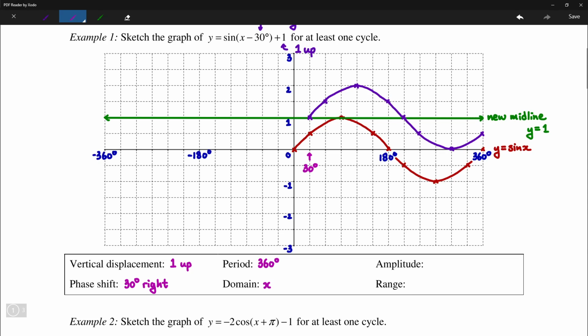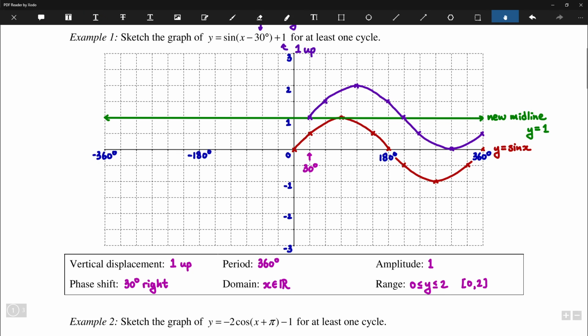The domain is x an element of the real numbers. The amplitude is also unchanged, so that is just going to be 1. And finally, the range is now changed to 0 to 2, inclusive, of course.